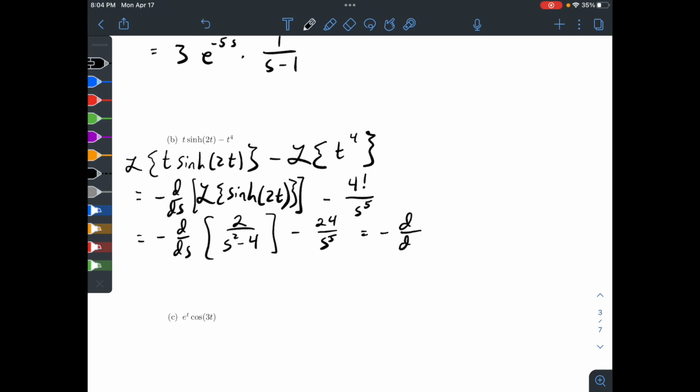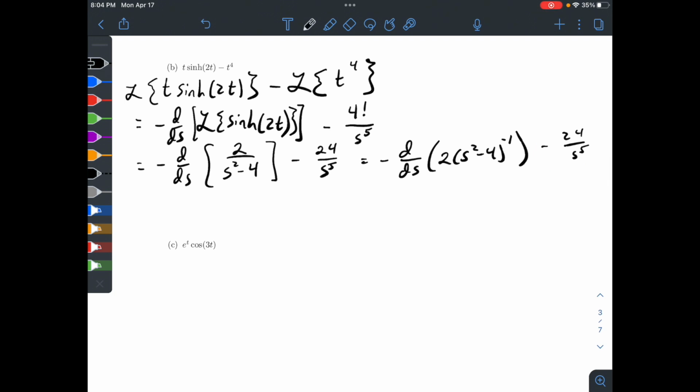And if I want to take the derivative of 2 over s squared minus 4, I'm going to write that as 2 times (s squared minus 4) to the -1. Remember that we're not taking any derivatives over here. That's totally separate. So we have the negative out there, but then we bring this negative down.